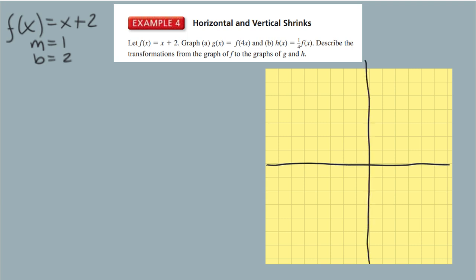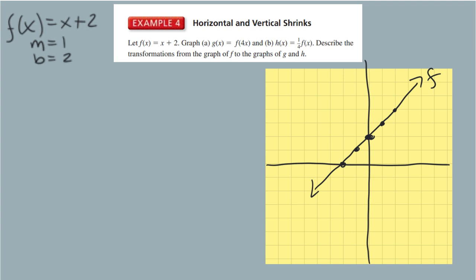We know that its y-intercept is 2 and our slope is 1. So this is our line F.